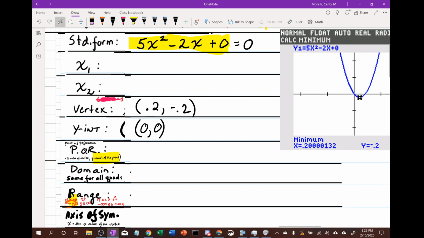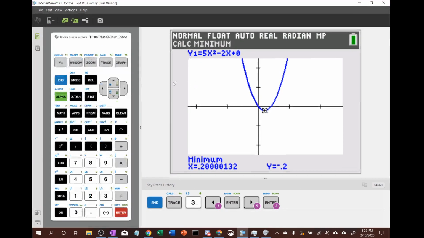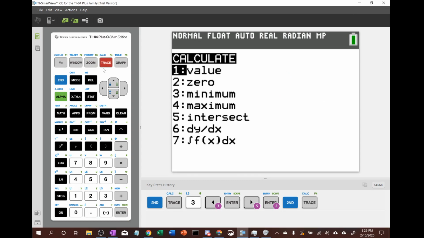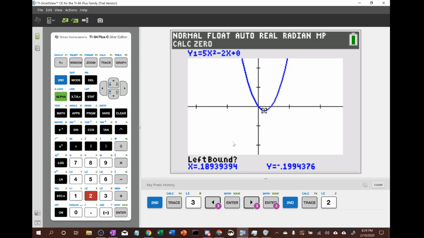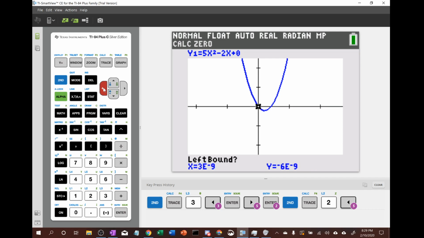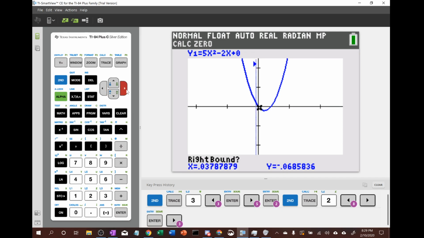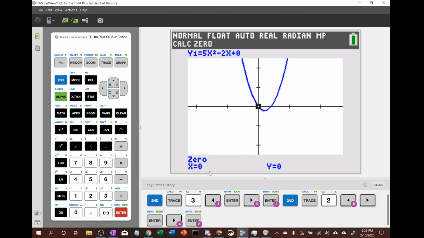X1 and X2. For that, I'll use second trace 2 because I want to find the zeros now. I'll go to the left of the first x-intercept and hit enter to get the left bound. Then I'll go to the right of it and hit enter to get the right bound, and then hit enter again.